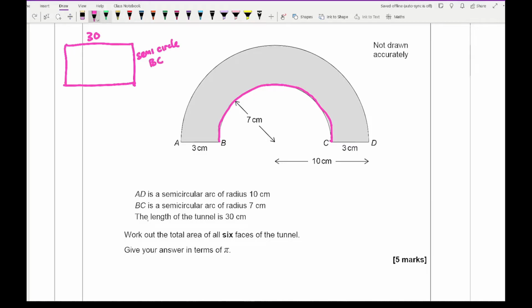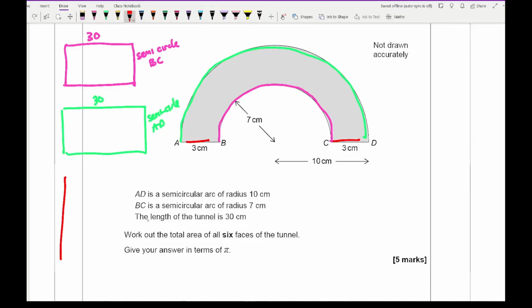I'm then going to have this rectangle here, AD, and that's going to be the semicircle of AD by 30. And then I've got my 2 rectangles here. I've got this rectangle here and this rectangle here, which is going to be 3 by 30. And again, I've got another 3 by 30.